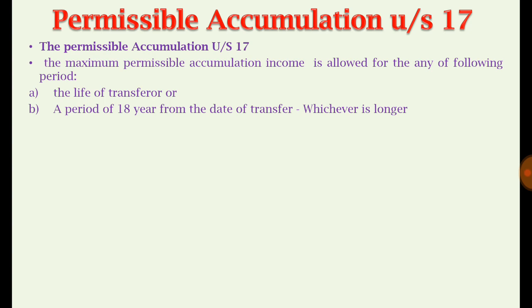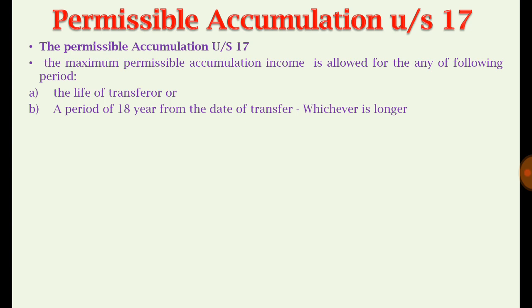So for example, if that transaction is entered on 1st January of 2019 and that person is living on that date, the accumulation period starts from that particular day and will run up to the life of the transferor.